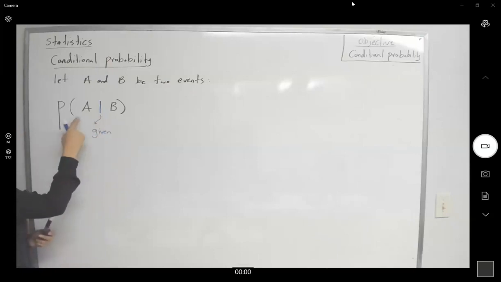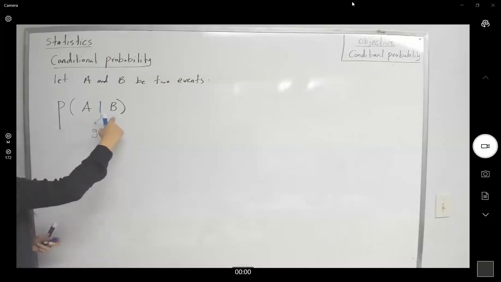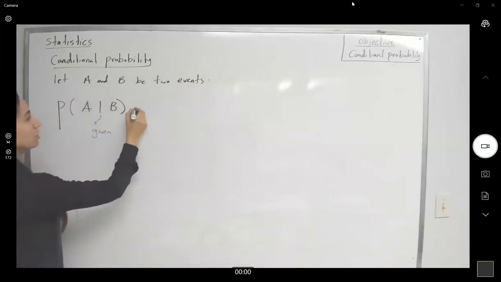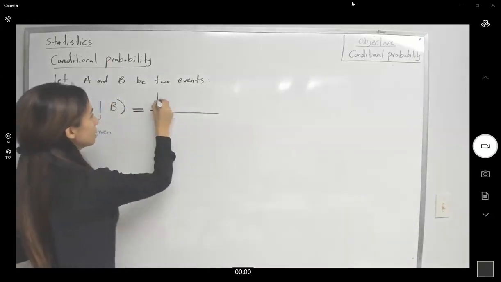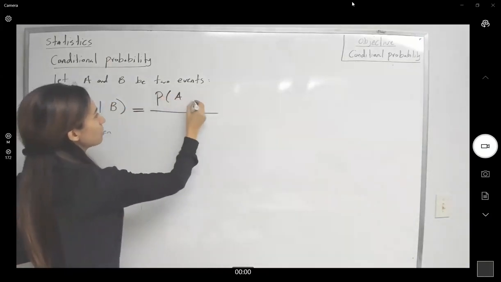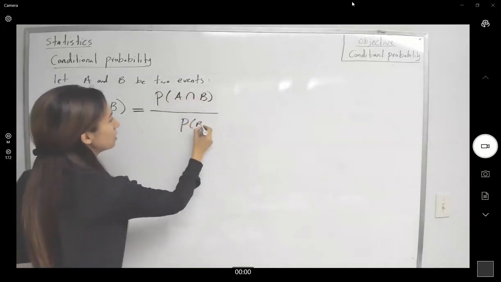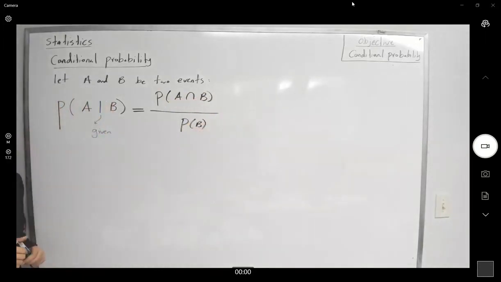The probability of A given B means that A depends on B, and is equal to the probability of their intersection, the probability of A and B, divided by the probability of B.